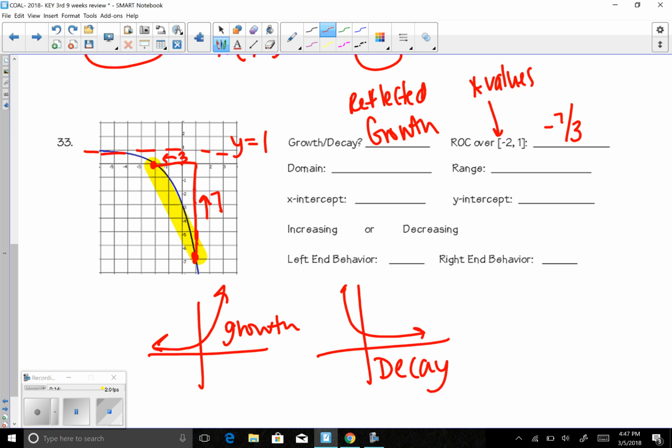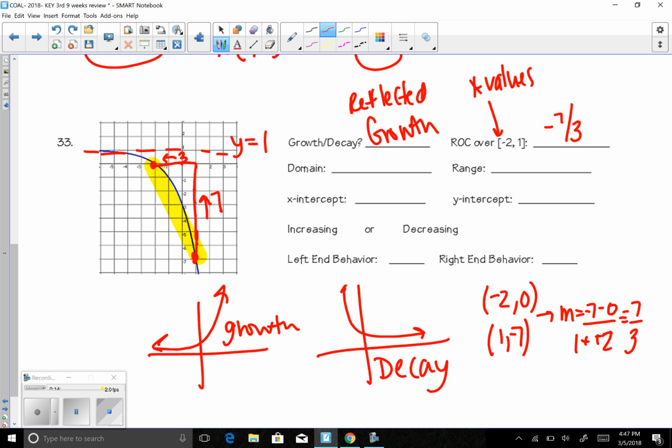You could always do that. Algebraically, you've got a point at -2, 0, and you've got a point at 1, 7. You could also do your slope, 7 minus 0 over 1 minus -2. And you get 7/3. It's -7, I'm sorry.